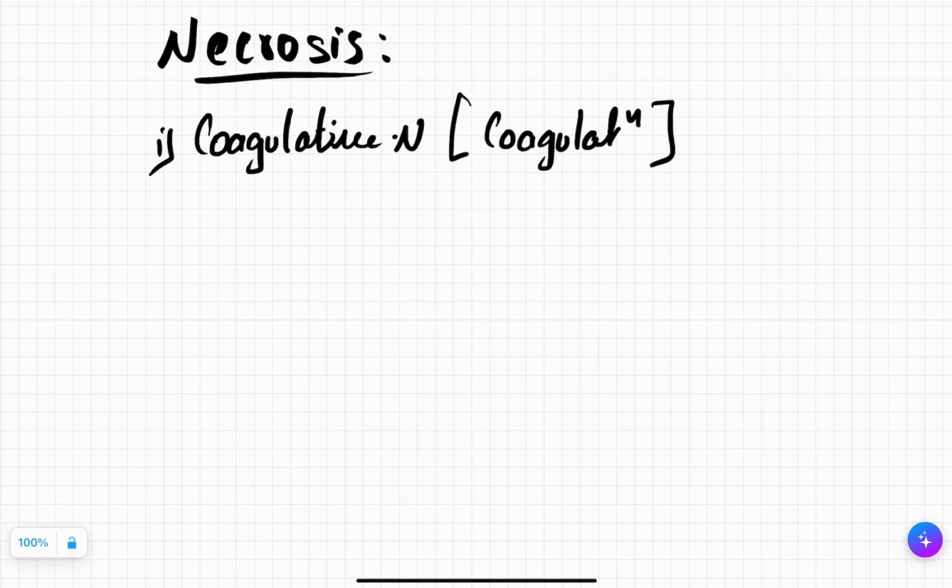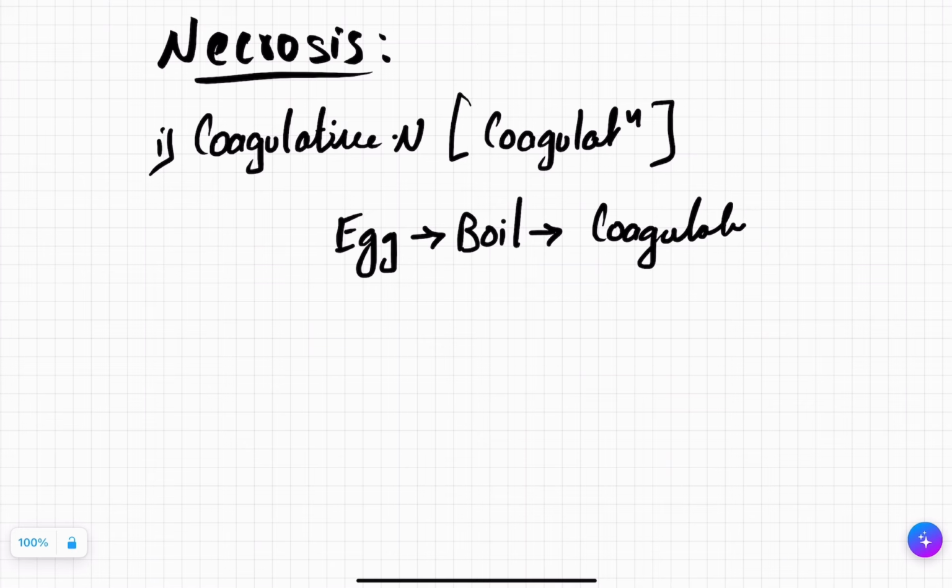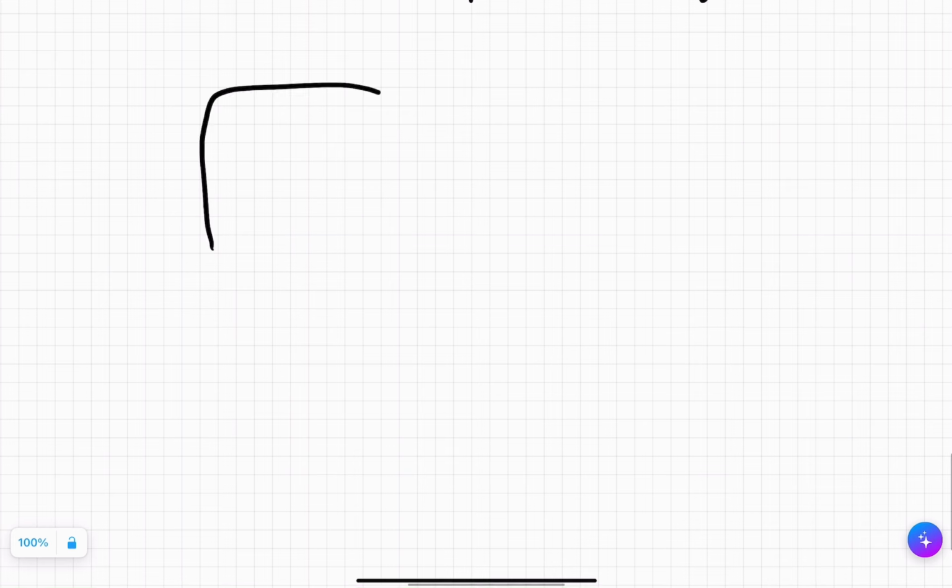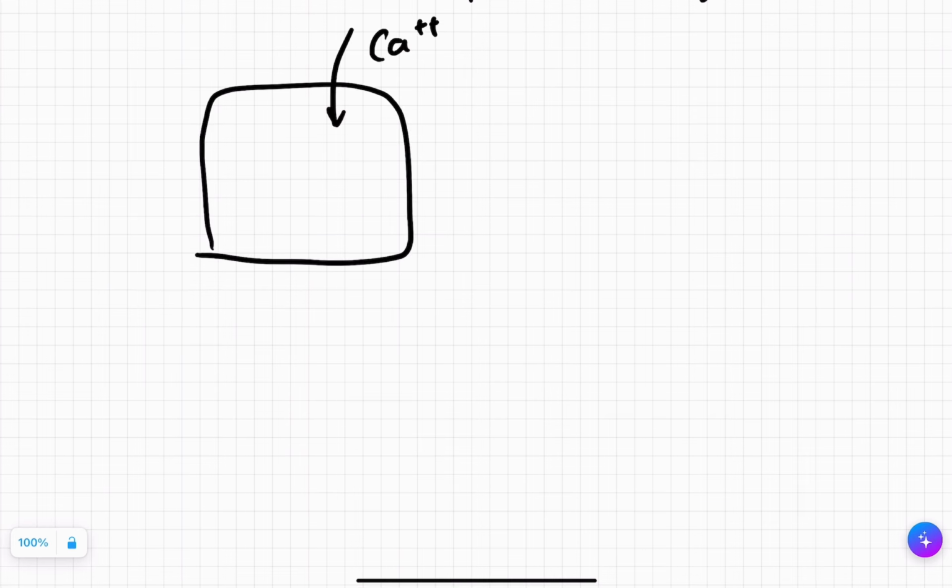Now tell me one thing. Suppose this is an egg. You boil the egg. A boiled egg becomes what? Coagulated. Why? Because of the denaturation of protein. Similarly, if you remember, calcium was coming inside, right?